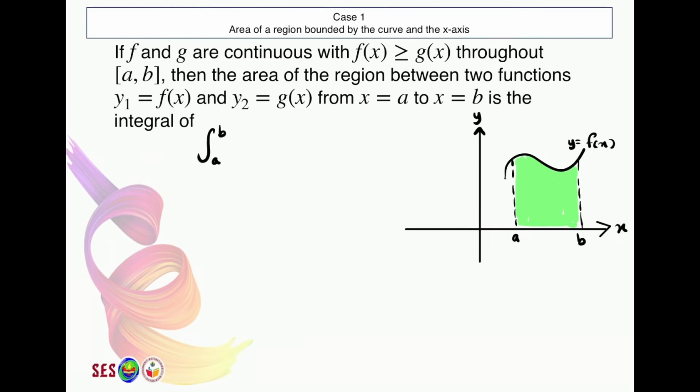Our upper function in this case is f(x), and our lower function is the x-axis, so y = 0. So we'll get 0. Then we integrate the whole thing with respect to x. So this is how you get the formula: the integral from a to b of f(x) dx.